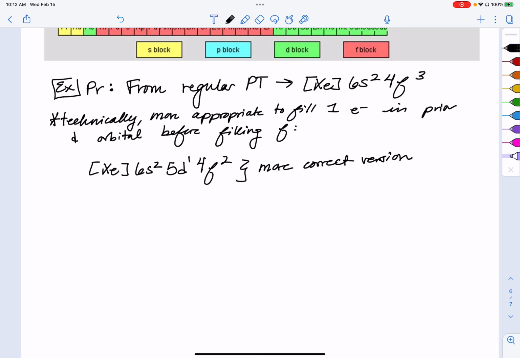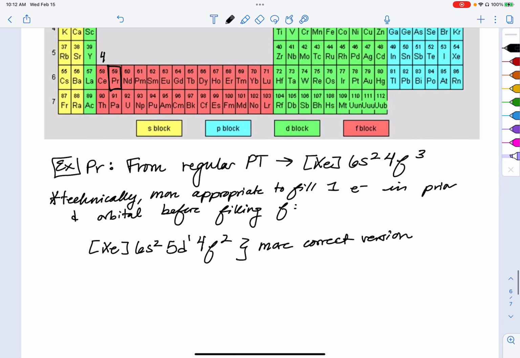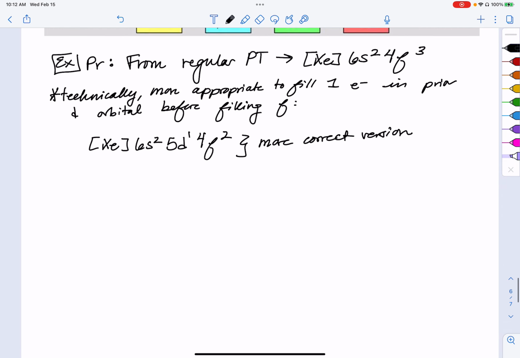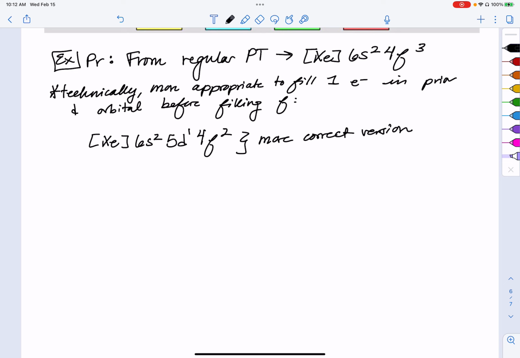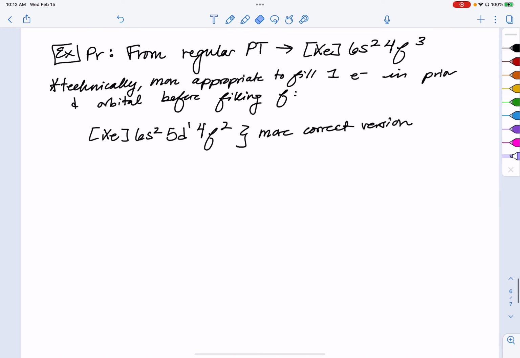Always fill your D and then your F, and then go back and fill your D. However, I'll accept both. Now, let's see here. Just to kind of compare for your sanity, let's just check these against one another.